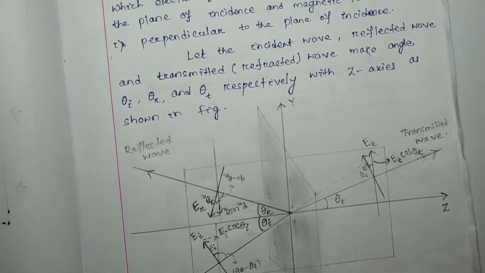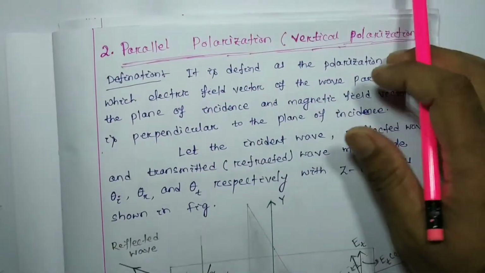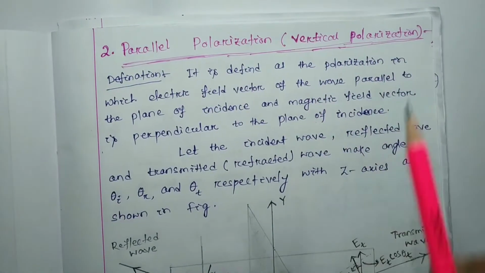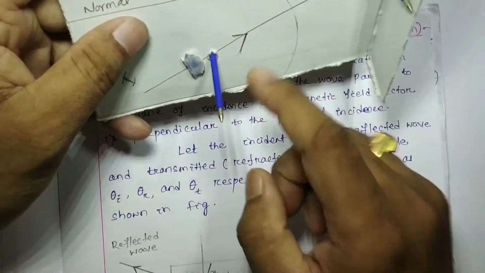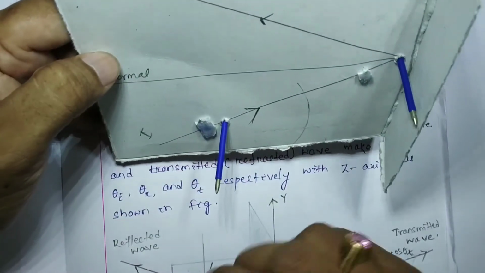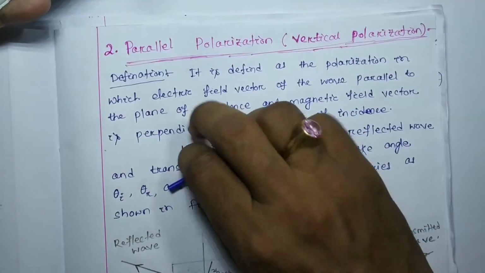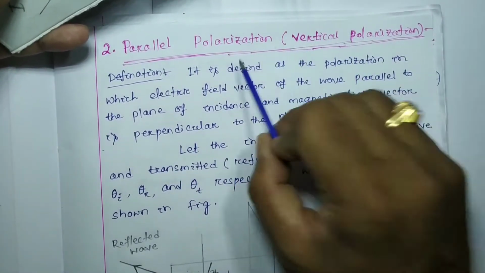In today's class we are going to discuss parallel polarization, which is also called vertical polarization. For this case, the electric field vector is not perpendicular to the plane of incidence. It will be parallel to the plane of incidence, and only for that it will be called parallel polarization or so-called vertical polarization.